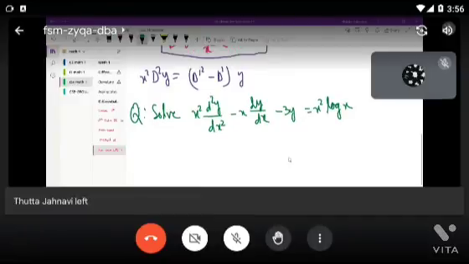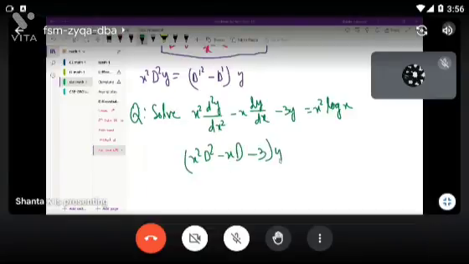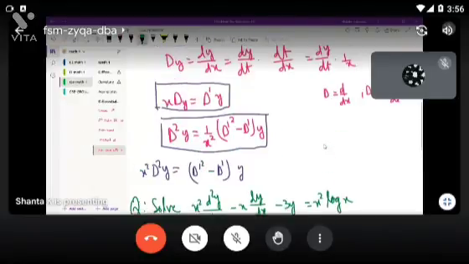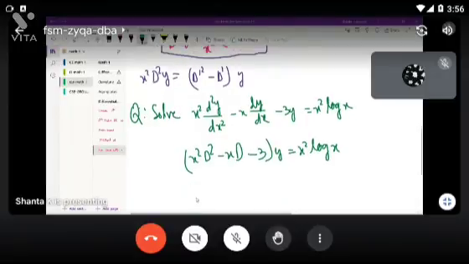Okay, so if you want, you can write it in this form: x squared D squared minus xD minus 3y equals x squared log x. And you can do these substitutions. See, xDy will be D' y, and x squared D squared we can write as D' squared minus D'.